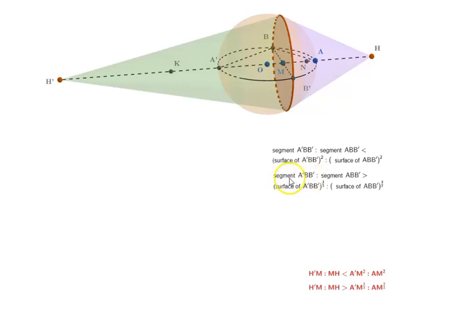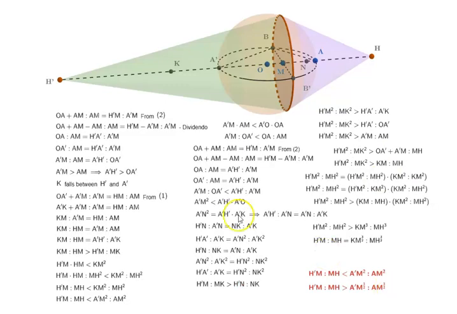Similarly, the ratio of the volumes of these two segments is greater than the ratio of the surface of A'B' to the power of 3 by 2 to the surface of AB' to the power of 3 by 2. So that is proposition number 8 of the works of Archimedes, specifically from book 2 of On the Sphere and Cylinder.